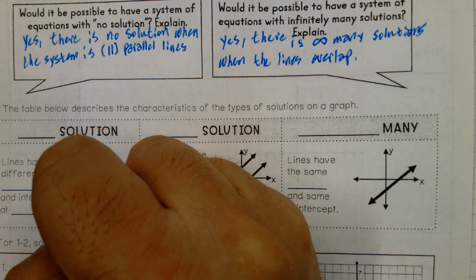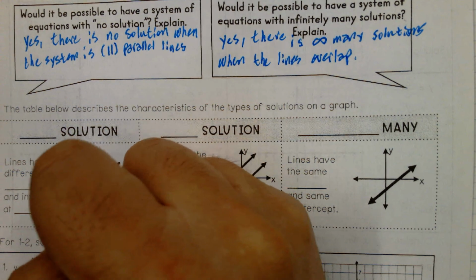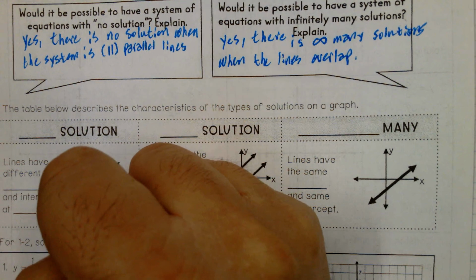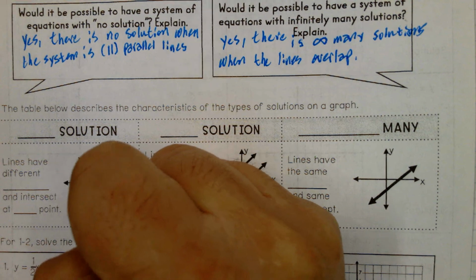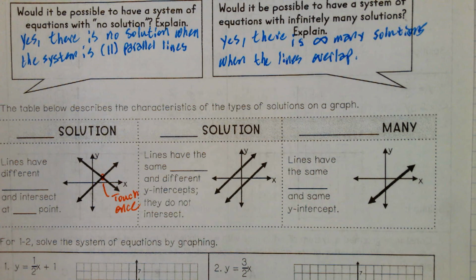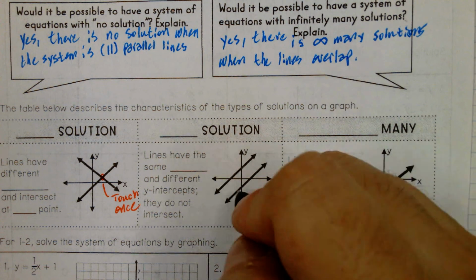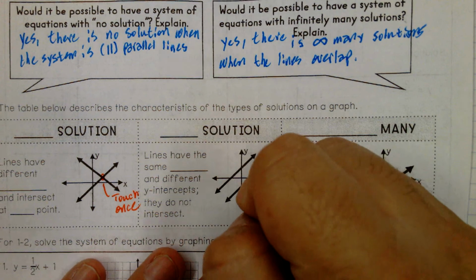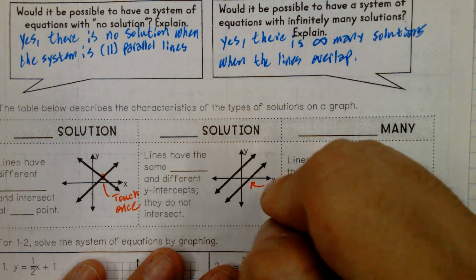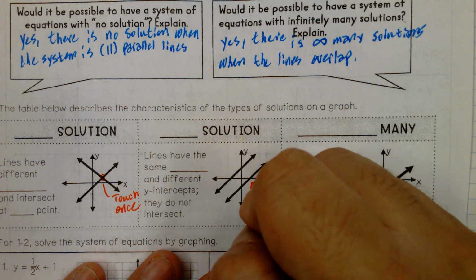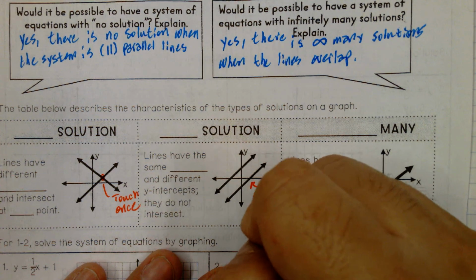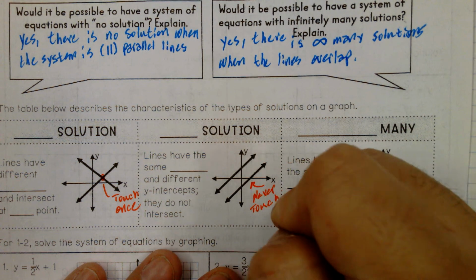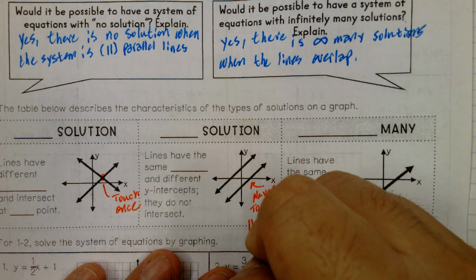We can have one solution when they touch once. We can have no solution when they never touch, because we have parallel lines.